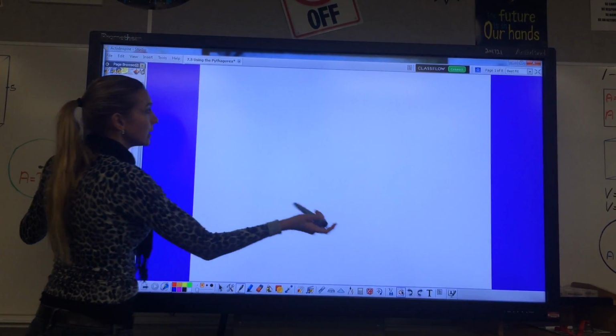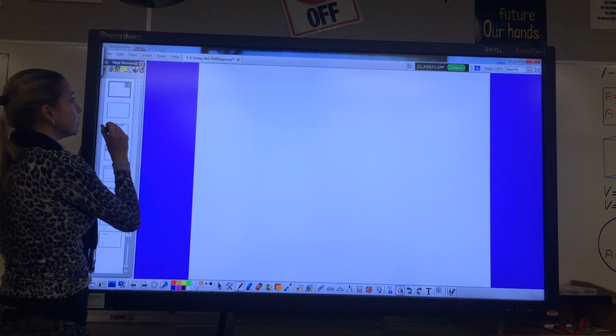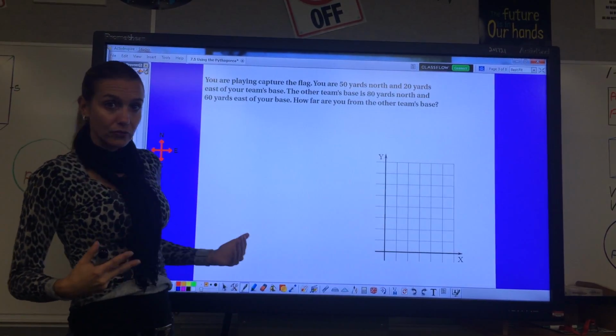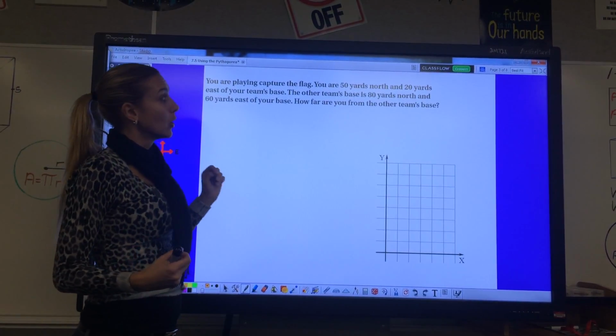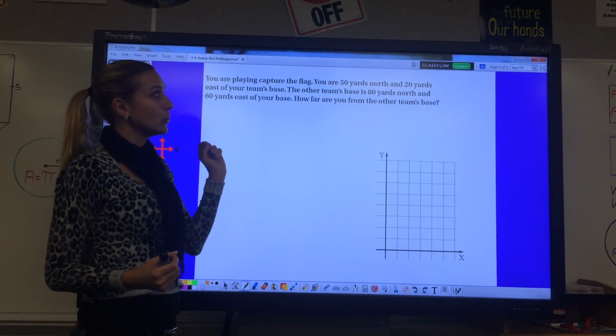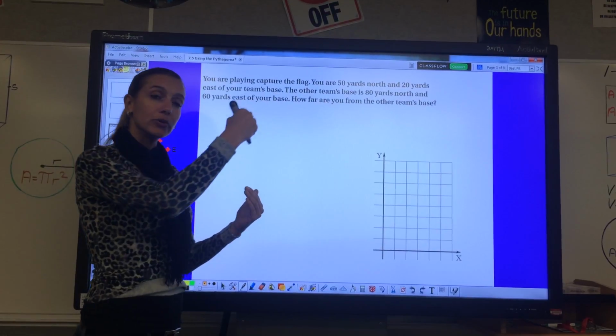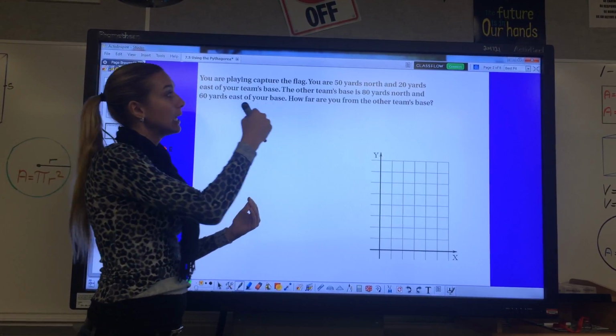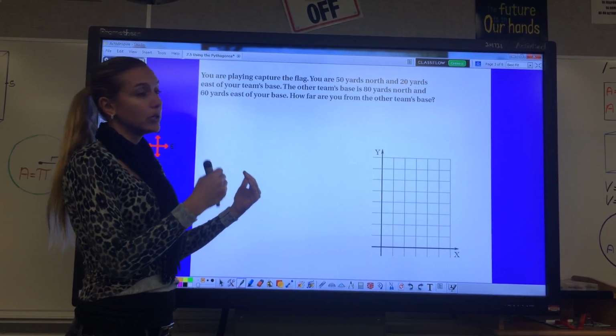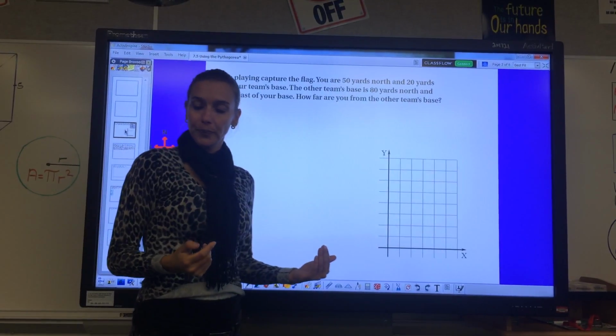I will show you an example, and I will show you two ways to solve this problem. One will be creating a triangle and using the Pythagorean theorem, and the other will be using the distance formula.